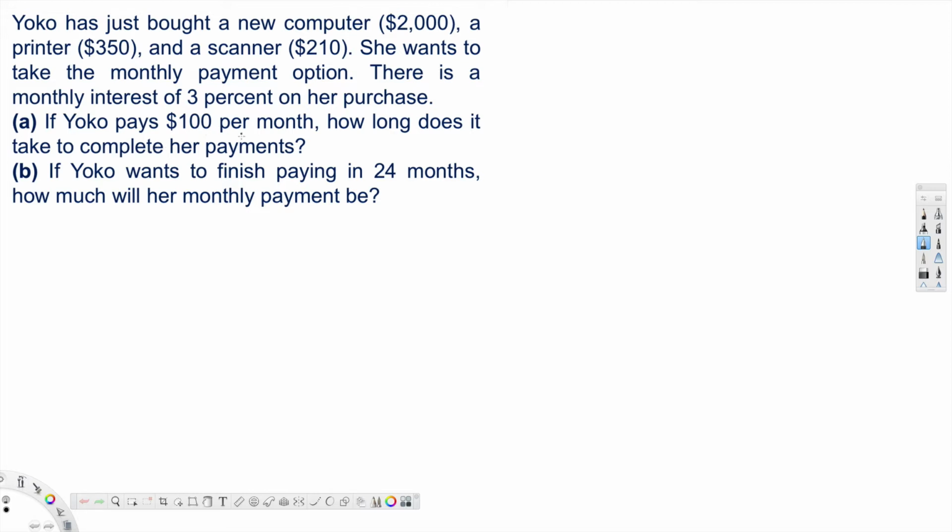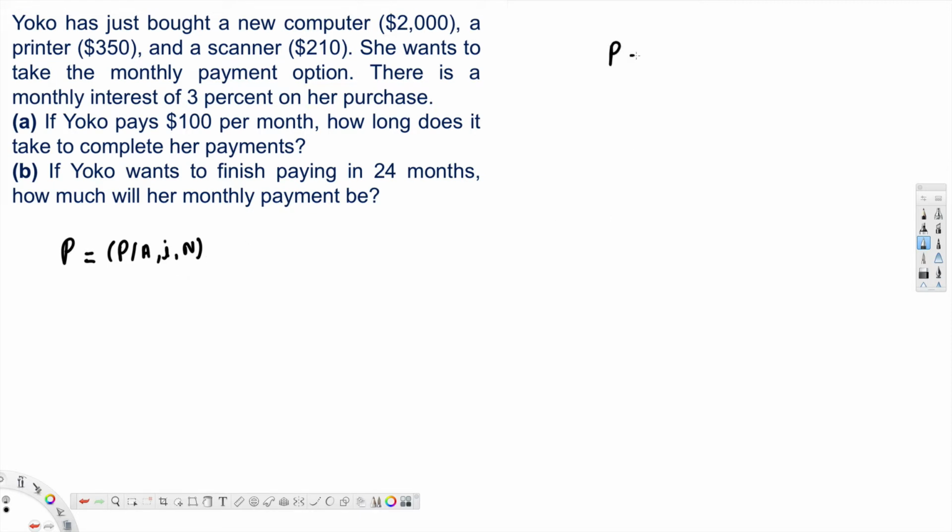Okay, now let's see how to find this one. So to find this one, this is the formula: P is equal to A times P over A, i, n. We can use this formula. Now first of all, what is P?